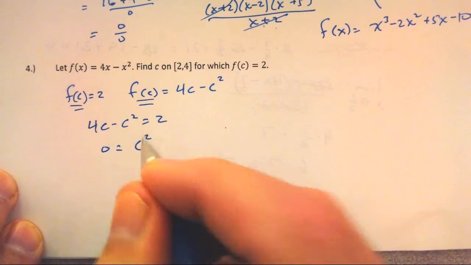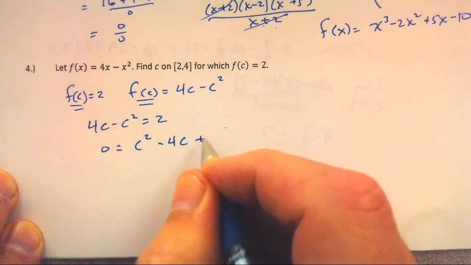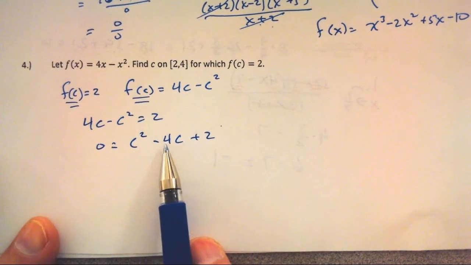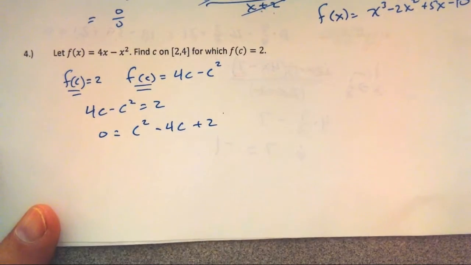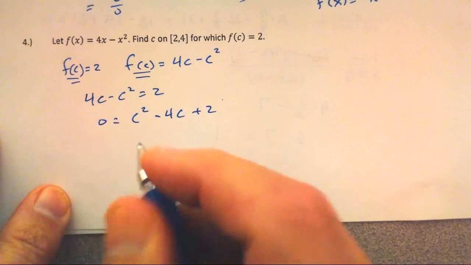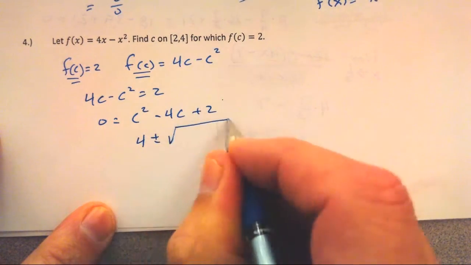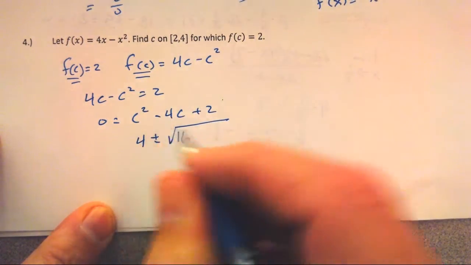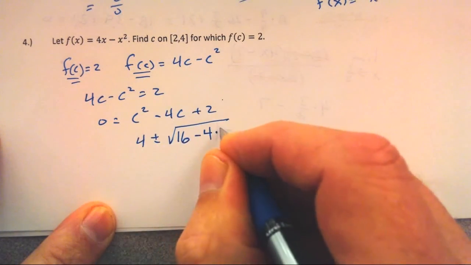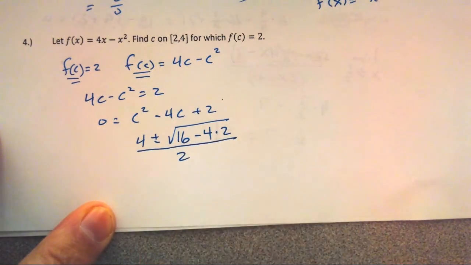0 equals c squared, subtract 4c, plus 2 on this side. Factors of 2 that add up to -4, we don't have any. If only we had some formula to handle quadratics when they don't factor. Opposite of b, plus or minus the square root of b squared minus 4 times a, 1, times c, 2, all over 2 times a, 2 times 1.